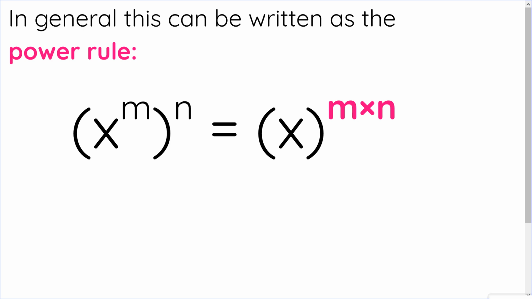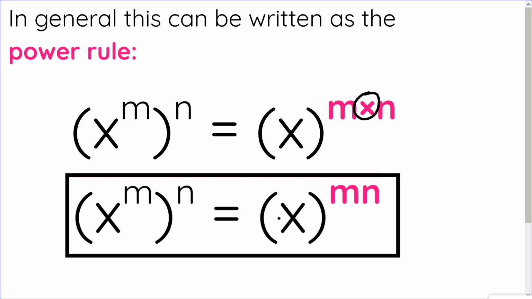In general, this is called the power rule. So x to the exponent of m raised to the exponent of n is x to the m times n. But we don't really need to write our multiplication in between there. Here's a better way of writing it: x to the m to the exponent of n is x to the m times n.